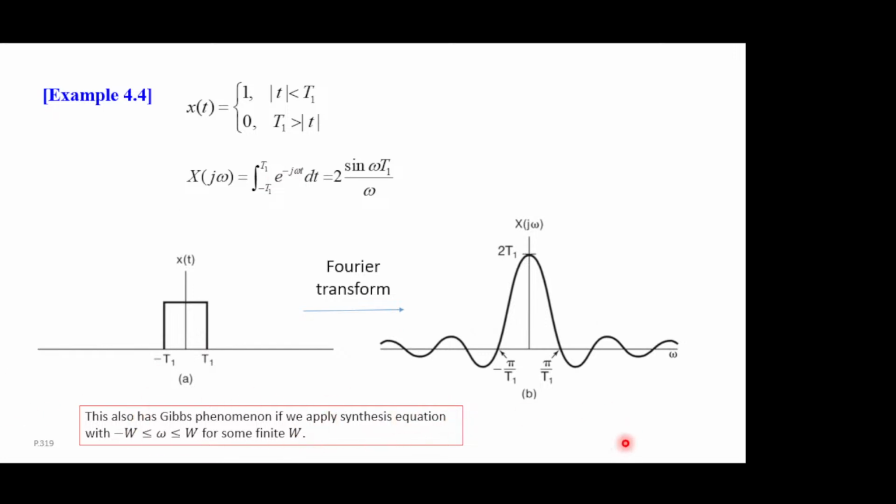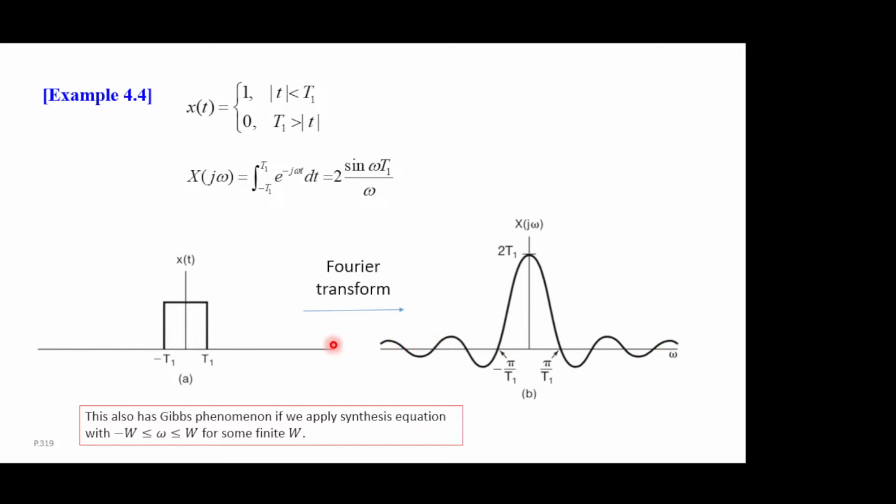Before, with the Gibbs phenomenon, we chopped off our summation over k at a finite k. And here a similar thing is we chop off the integration at some finite omega. When we do the reverse transform, remember we need to multiply this big X of j omega with e to the plus j omega t, and integrate omega from minus infinity to plus infinity.